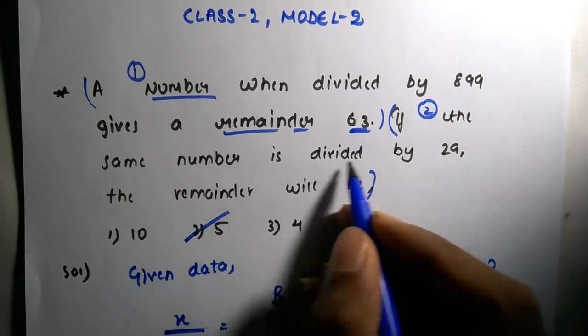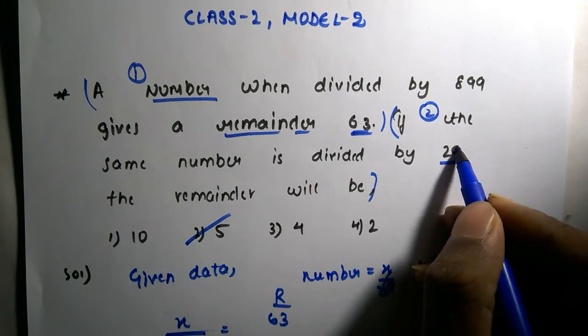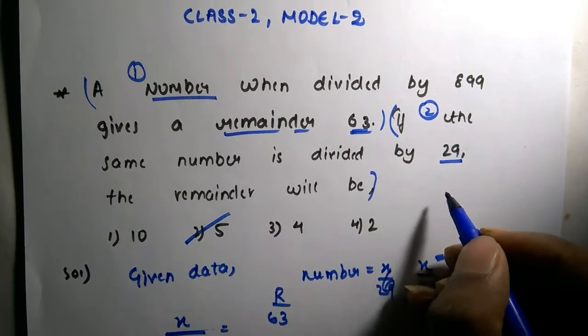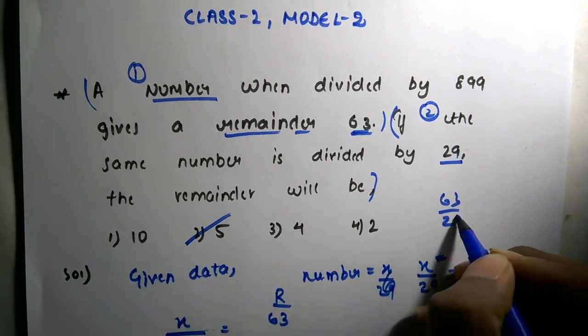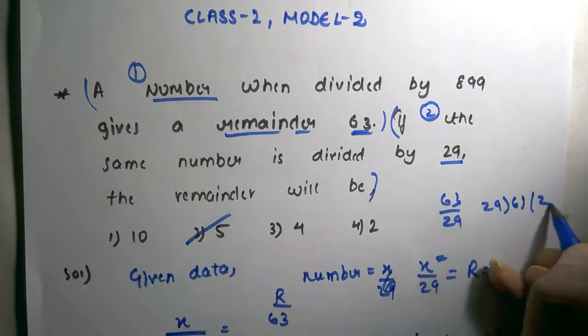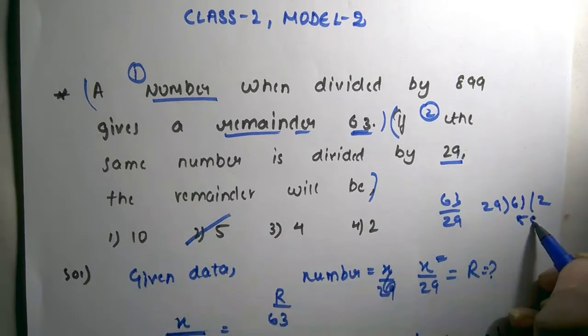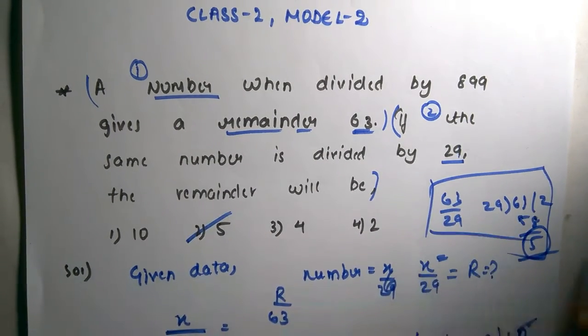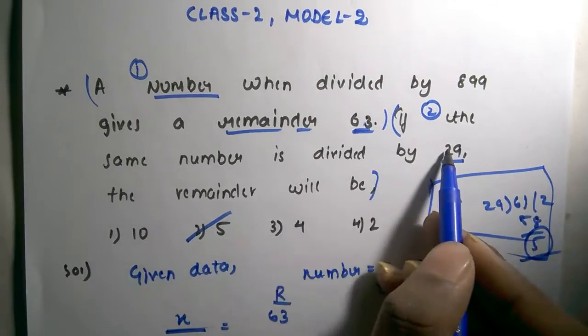He asked, if the same number is divided by 29, what will the remainder be? So simply you have to do 63 by 29. This is the small trick, guys. 29 twos are 58 and 5. So this is the remainder, and this is the small trick. Simply divide 63 by 29.